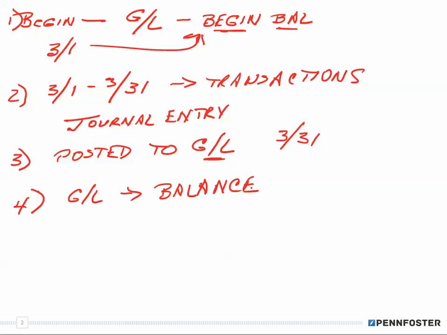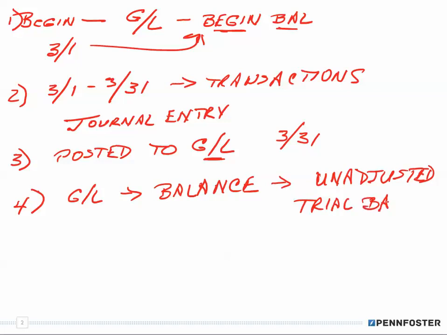Computer systems automatically have a tendency to keep a running balance of the account. So when you've got all of the balances in the accounts, you create yourself what is called an unadjusted trial balance.